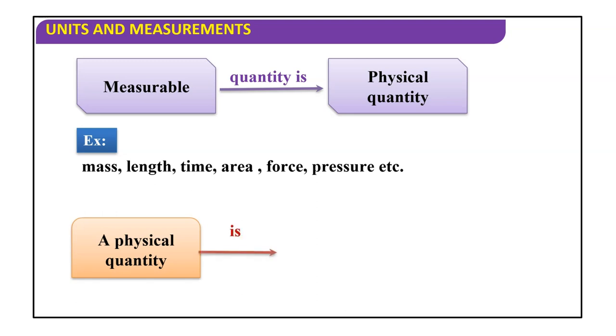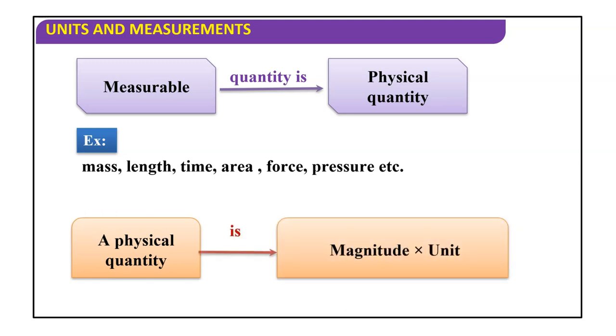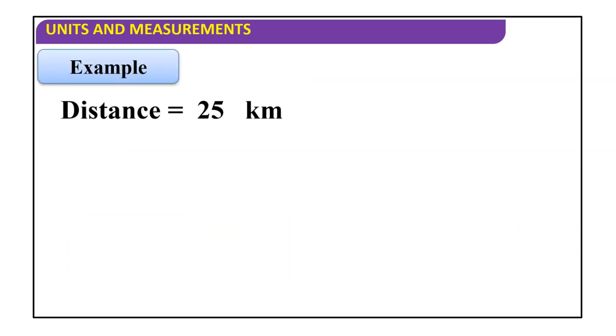So a physical quantity is what? Which we can represent by the magnitude with its unit. For example, 25 kilometer. So 25 is the term showing the magnitude, and kilometer is showing its unit.